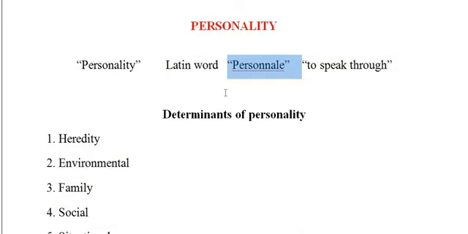Next, personality is a pattern of stable traits and characteristics of a person that influences his or her behavior towards goal achievement. Each person has unique ways of expressing these traits. Next definition.